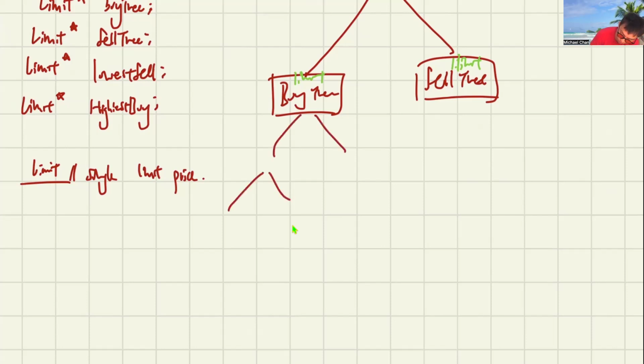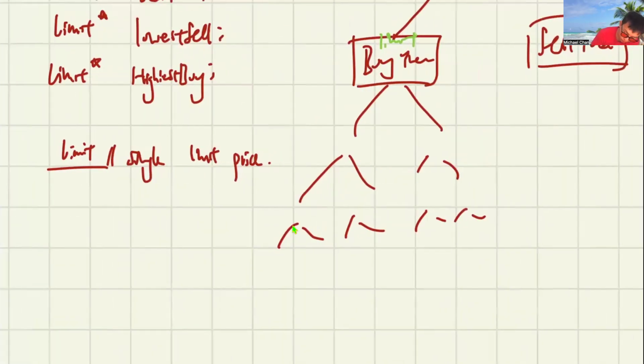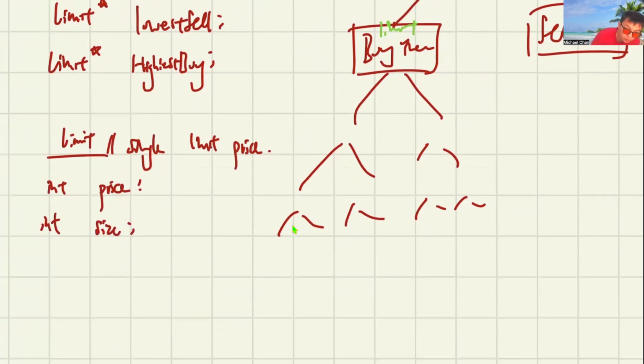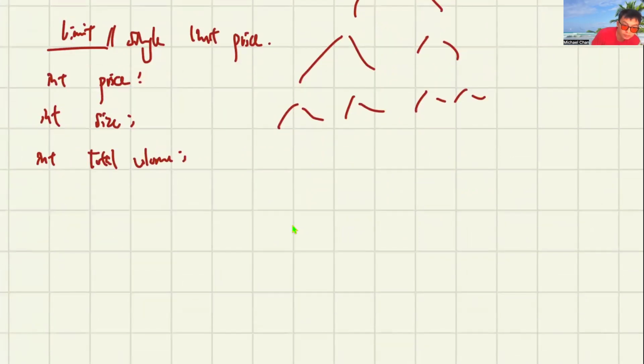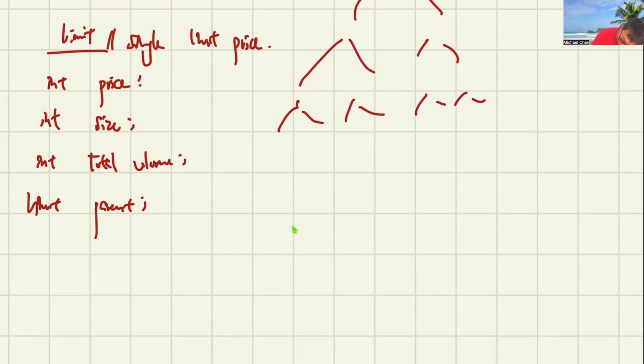It's a bunch of limit prices. Single limit price. So int price. And then int size. And then int total volume. And then limit parent. So it's the parent node, right? So this references this. So this link is formed.